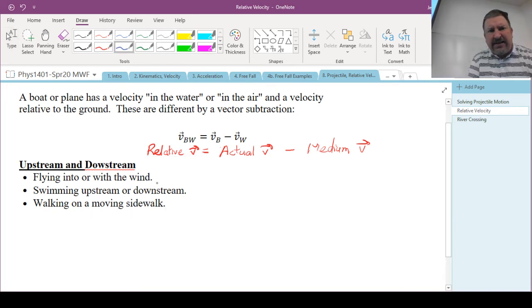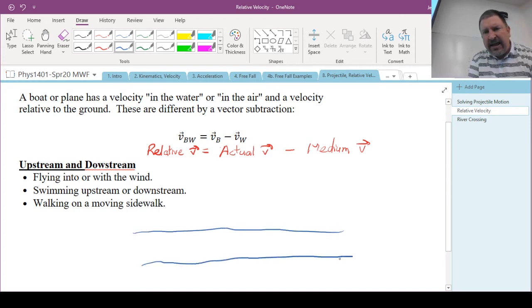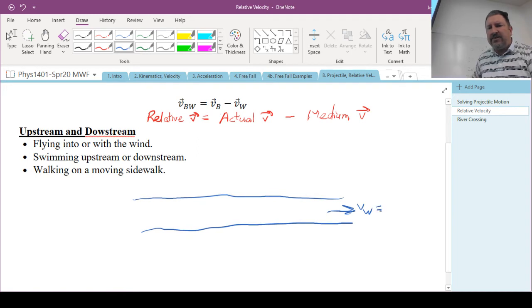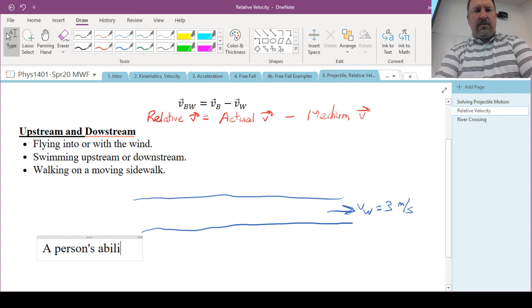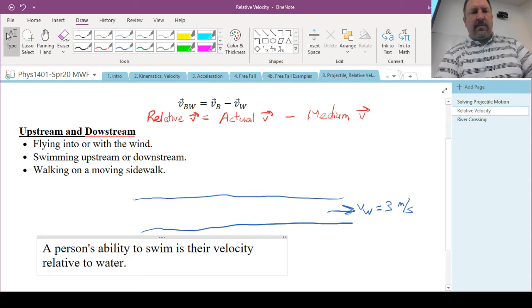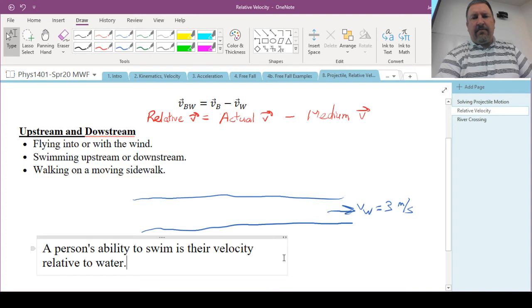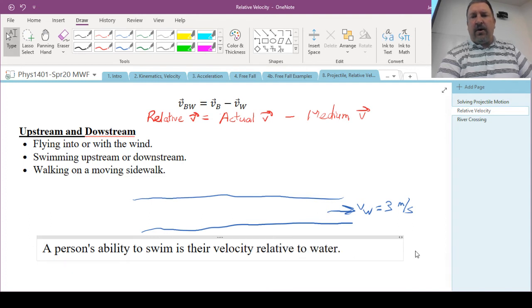So if we take a river, and let's say we have some V water, and we'll make this 3 meters per second, and then think about a person trying to swim in this water.